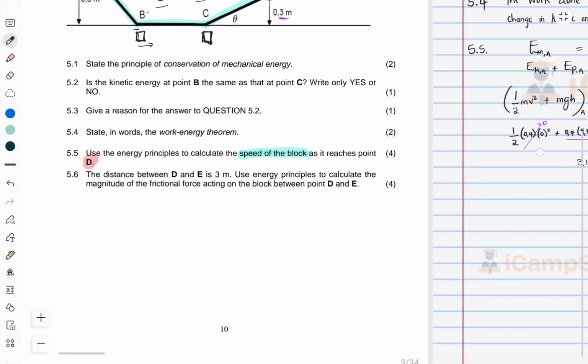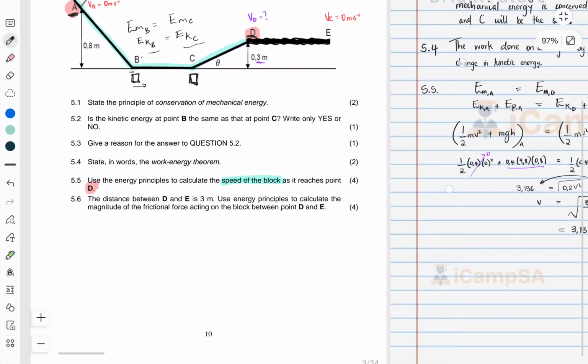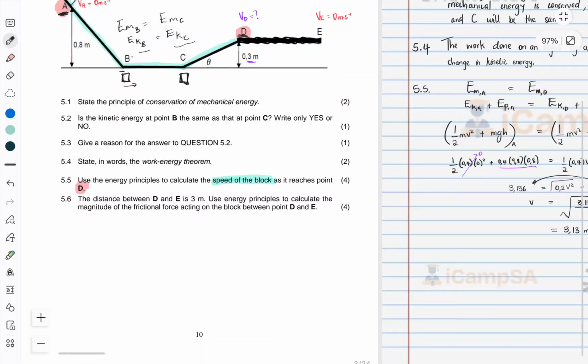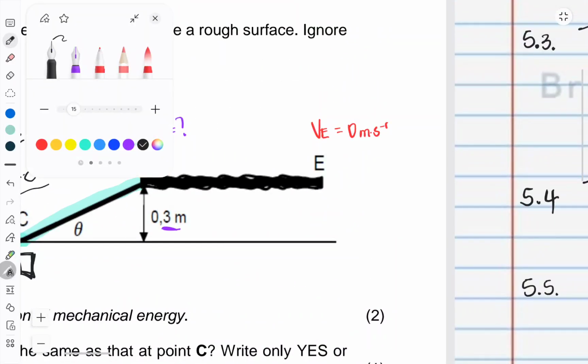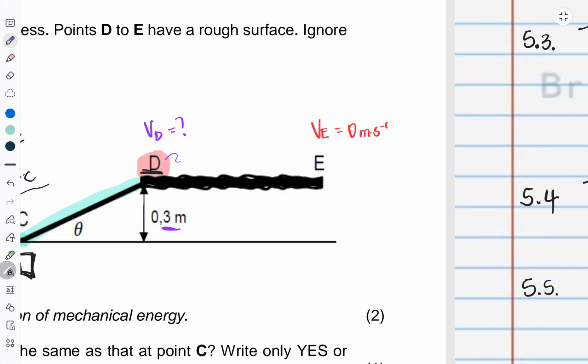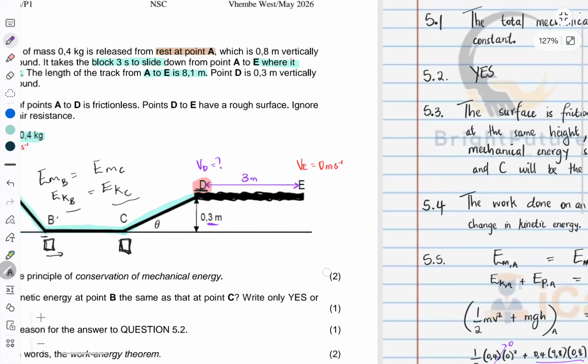All right, so now 5.6, the distance between D and E is 3 meters. Okay, so we're being told now something new. This was not there initially. They are telling us that this distance is 3 meters long.